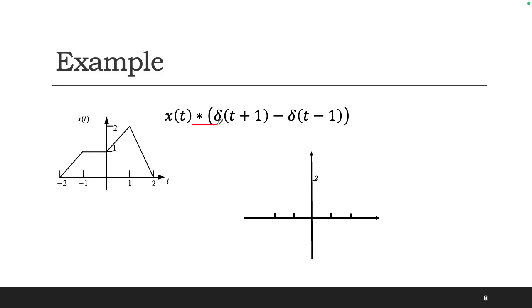What properties can you use? Firstly, you need to use the distributive property, to remove the possible convolution: x(t) convolved with delta(t minus 1) minus x(t) convolved with delta(t minus 1). Yeah, you get this one. That makes sense to you? Distributive. Any question?